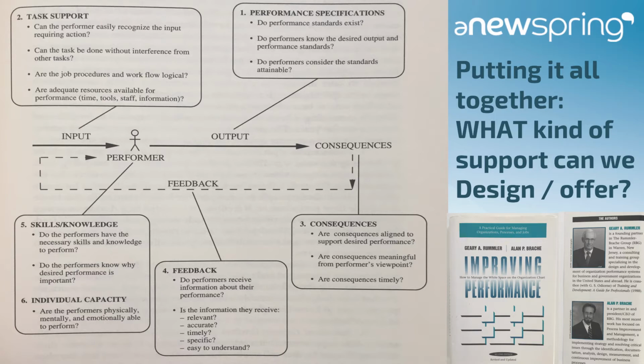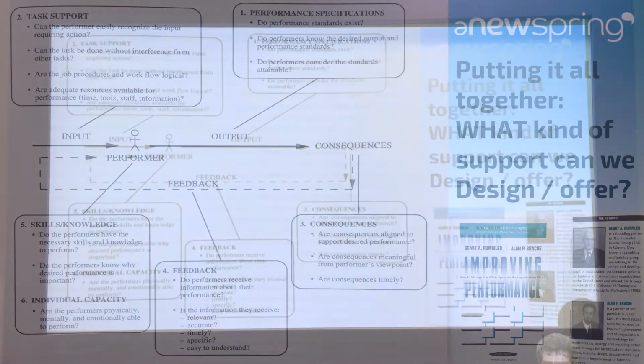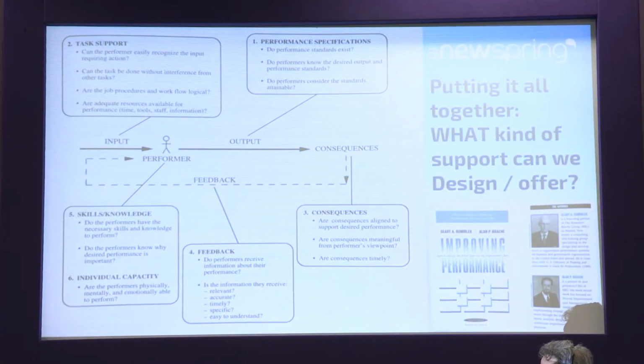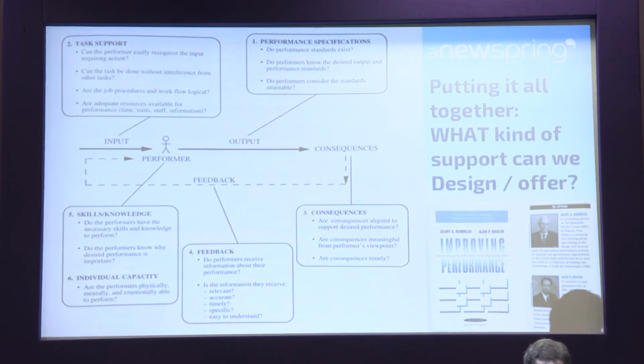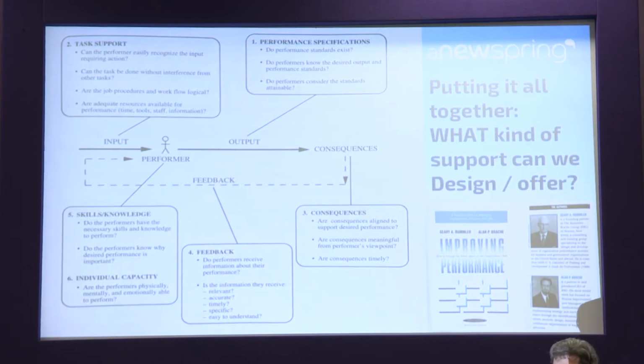And they say, okay, if we have the performer in the middle, we should be aware of everything that we just analyzed in the previous steps, but we can also have a look at the performance specifications. Take the broader picture, say, at step 1, what is the situation around performance specification? How clear is it for the performer what he or she has to do, has to perform?